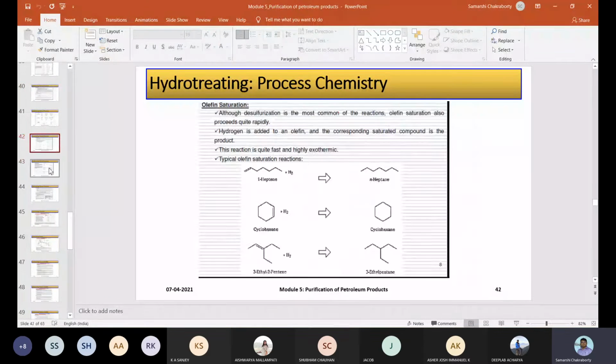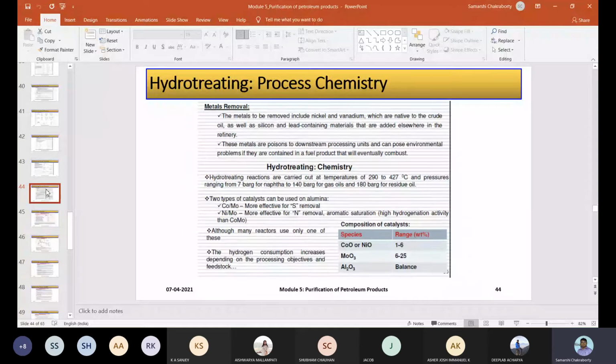At the end of the class we had talked about what the catalysts are that are currently being used for this hydrogenating purpose, what the operating temperature and pressures are, and based on your feedstock how this pressure may vary from point to point.